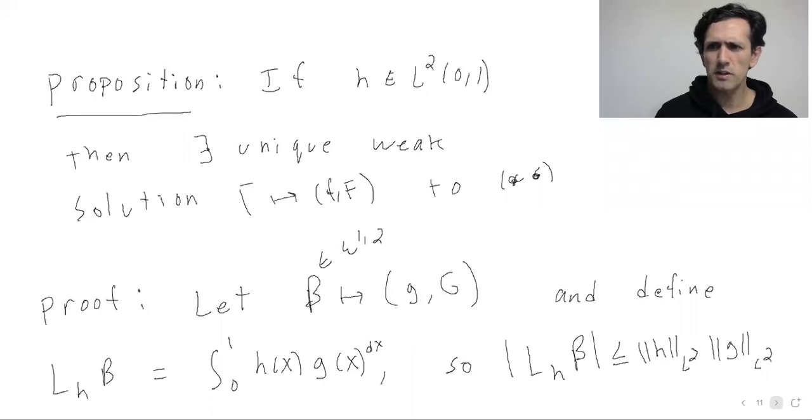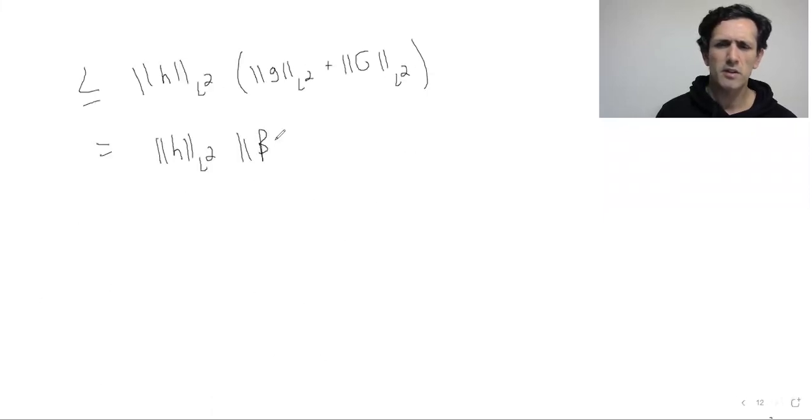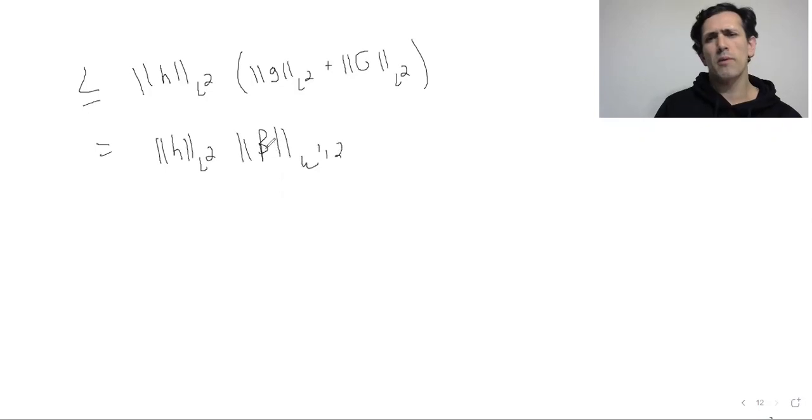I did use beta. That's good. Remember in the homework, the norm of beta was little g L2 plus big G L2. Right, so this is a bounded linear functional.